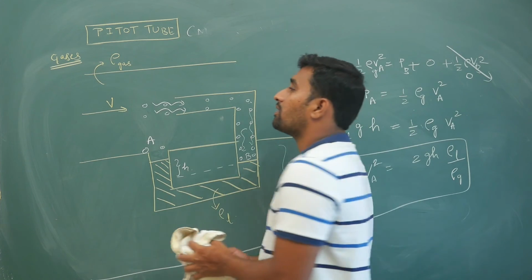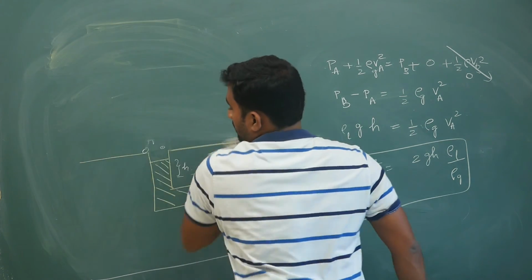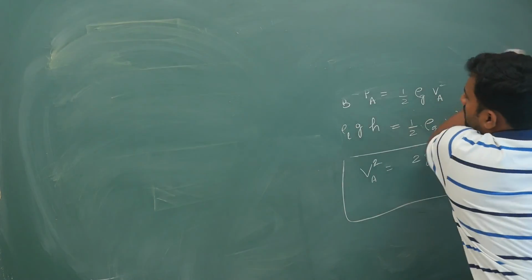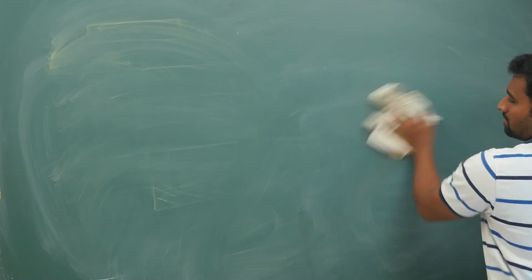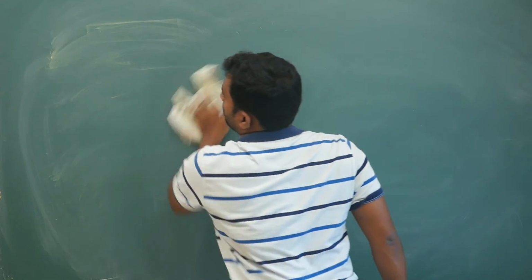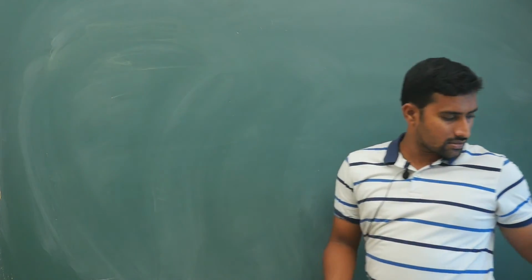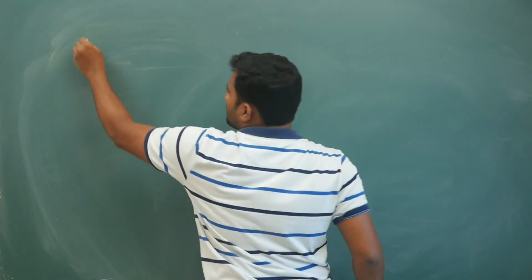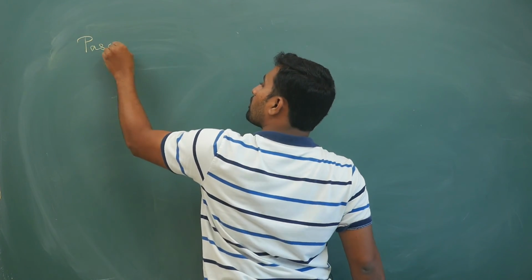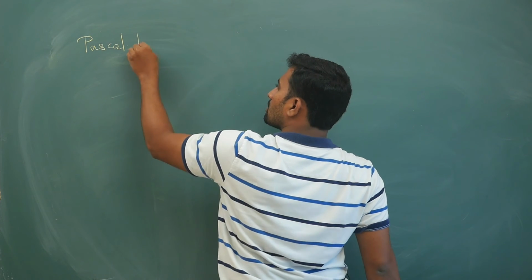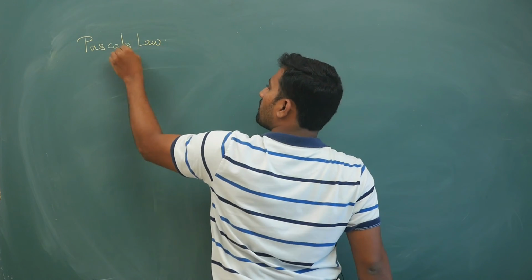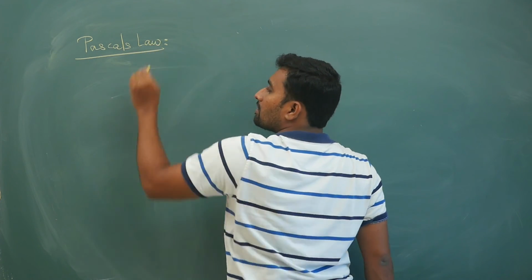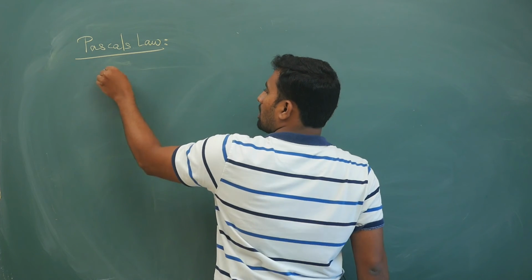And one thing that I forgot is Pascal's law, so that also we will do. Pascal's law says the pressure that you apply at any point of a liquid will get equally distributed in all directions.